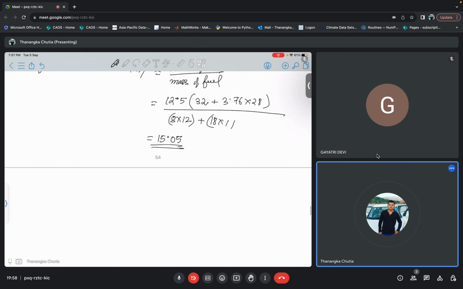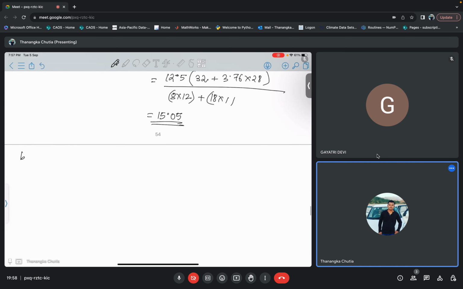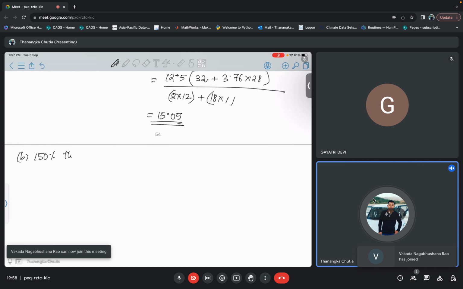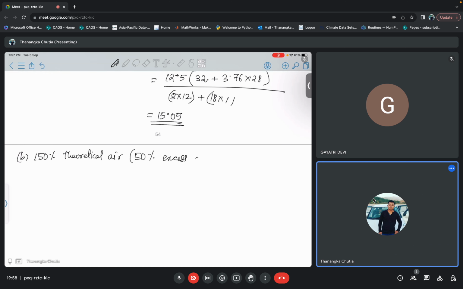Now next is 150% theoretical air, or we can say this one as 50% excess air. We already know the complete combustion equation if you require only the theoretical air. So what is the complete combustion equation?